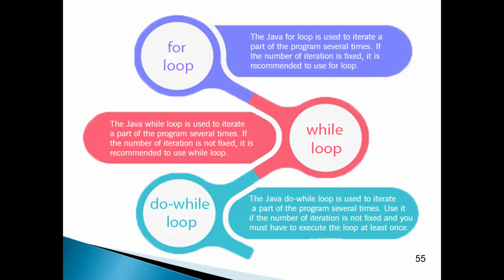And next, the do while loop. The Java do while loop is used to iterate a part of the program several times. Use it if the number of iterations is not fixed and you must execute the loop at least once.